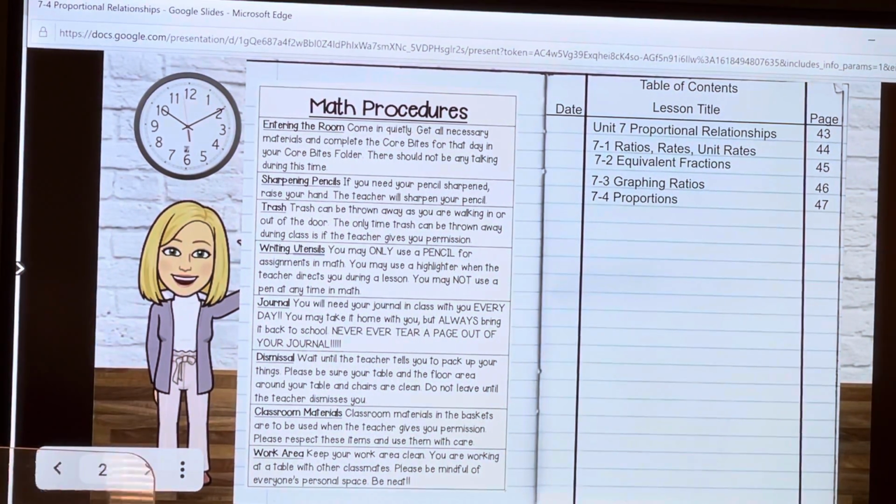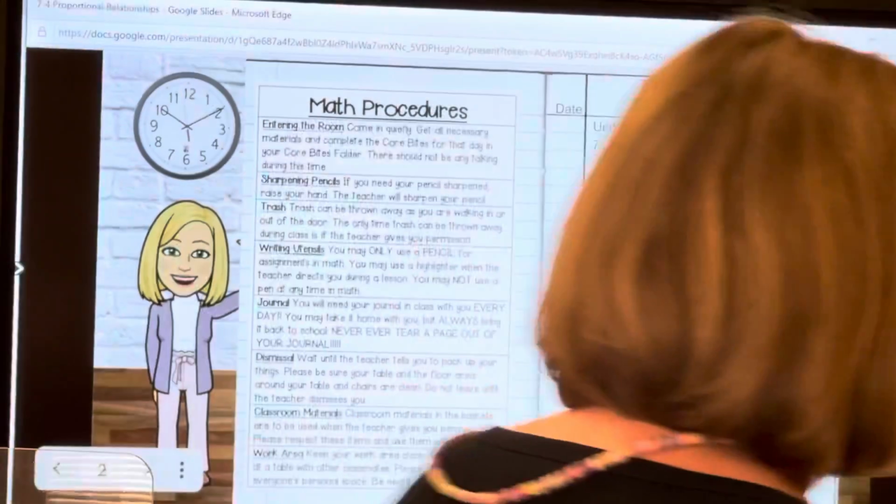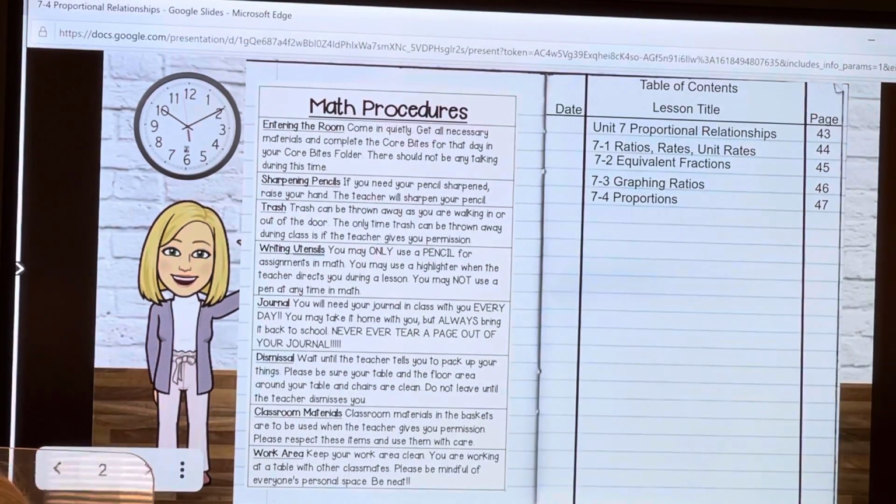Everybody should be on page 47. Wait, does this go on the left side or the right side? The right. Go back to the right.